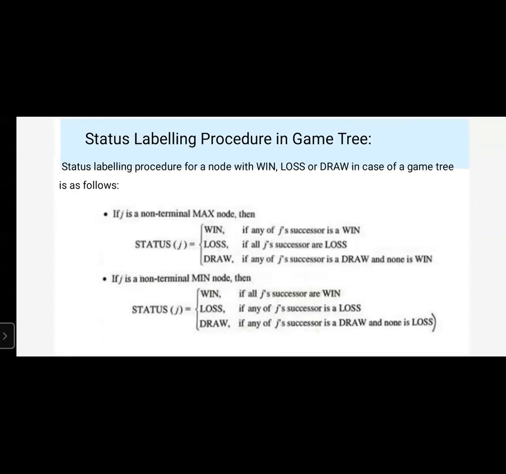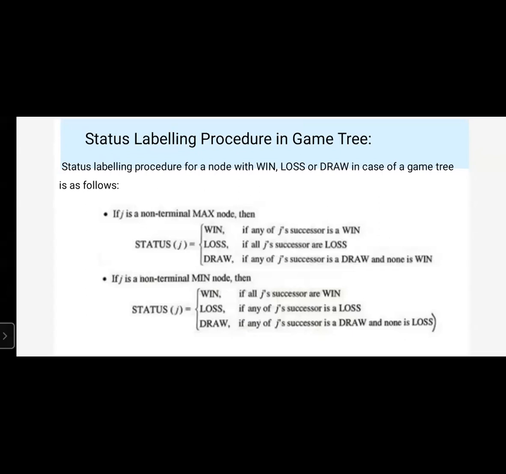If J is a non-terminal max node, then the status of J is equal to either win, loss, or draw. So when will J win? If any one of J's successors is a win, then J will win.